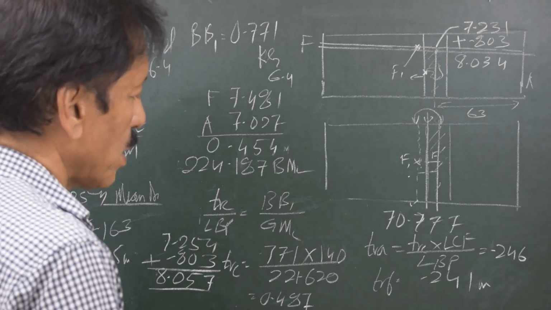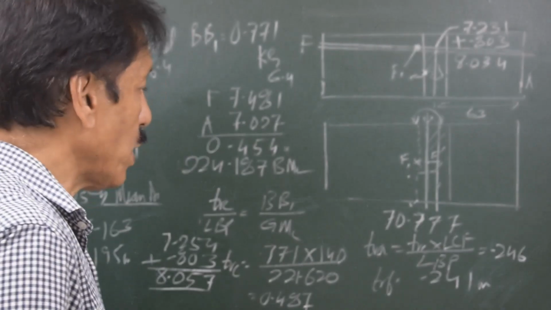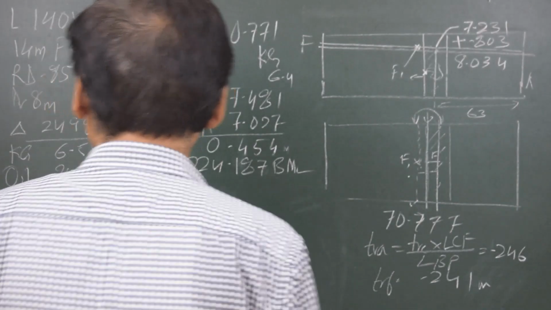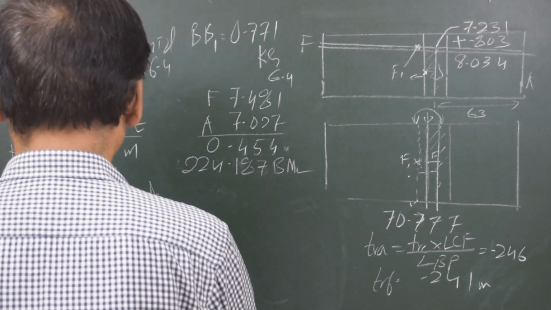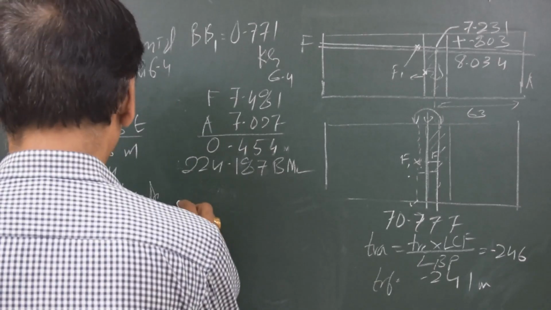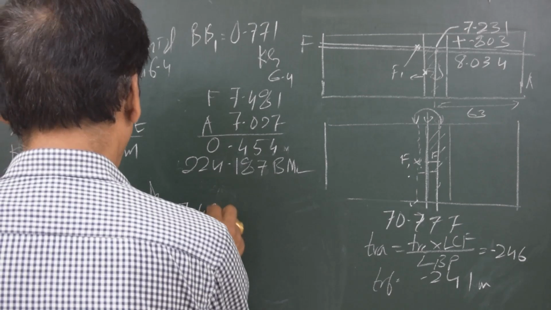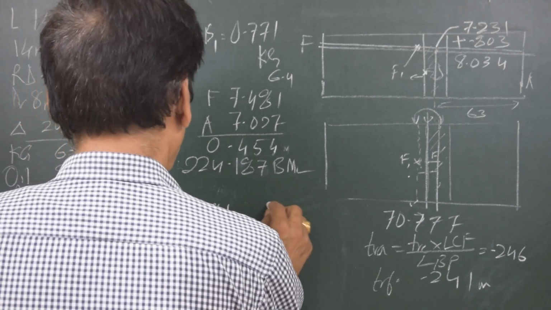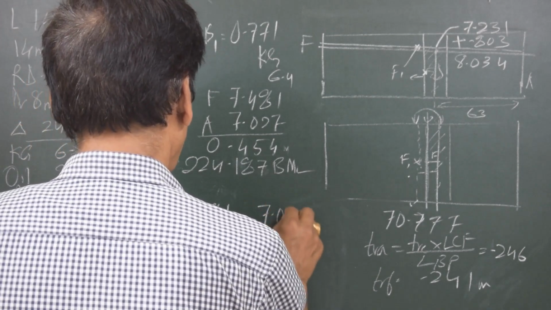So let us find out what is the final draft now. So we will do the standard trim format calculation. We had the initial draft forward as 7.481 and aft as 7.027.